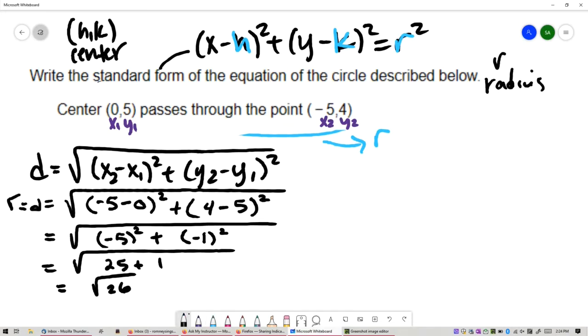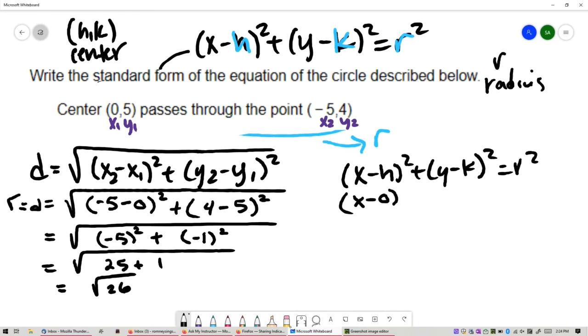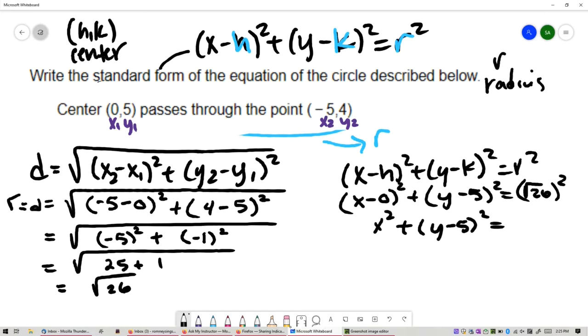So now into our standard form, which is (x minus h) squared plus (y minus k) squared equals r squared, we'll substitute the h of 0, the k of 5, the radius is square root of 26, and we'll simplify. x minus 0 squared is just x squared, y minus 5 squared, square root and square cancel each other out, and you get 26.